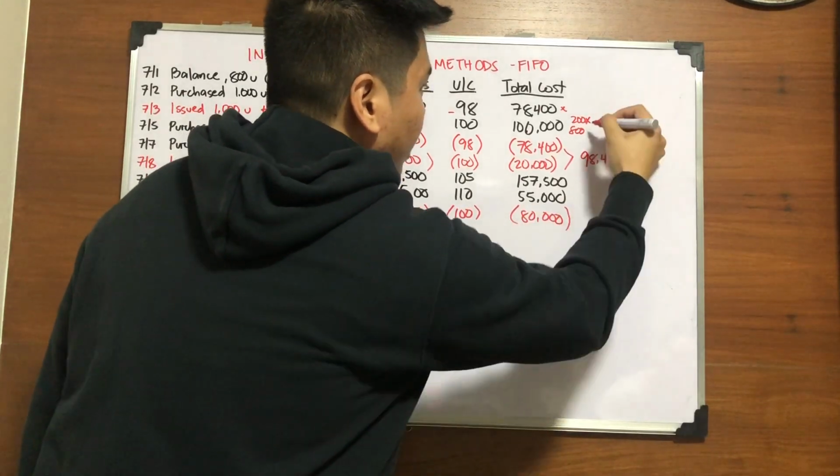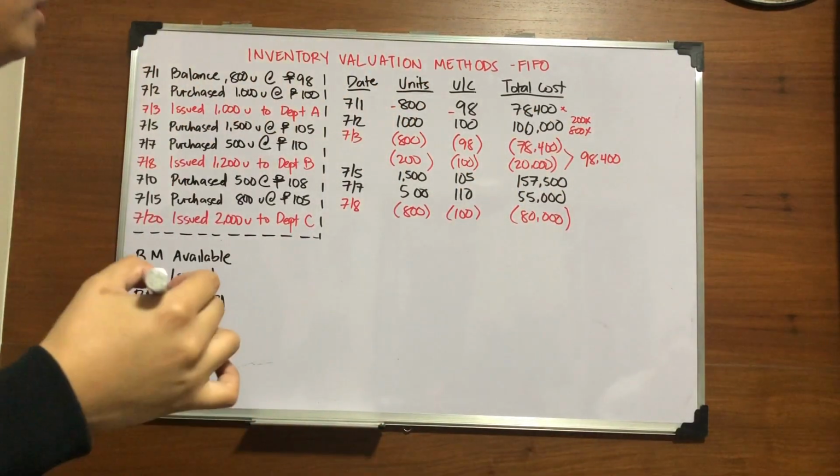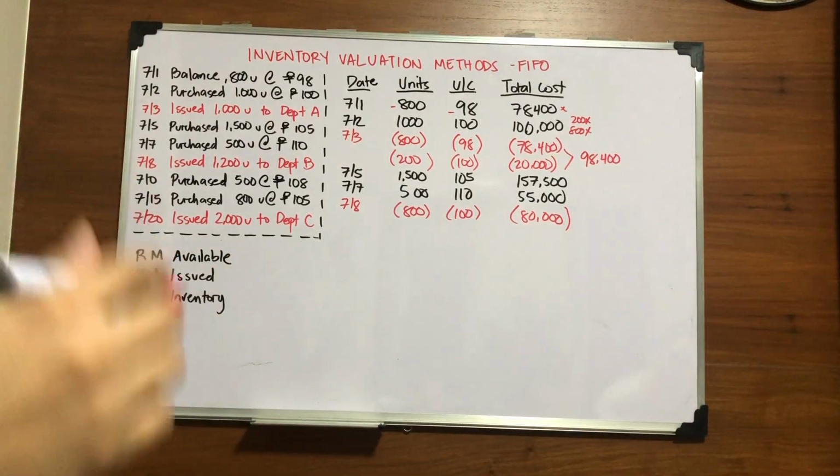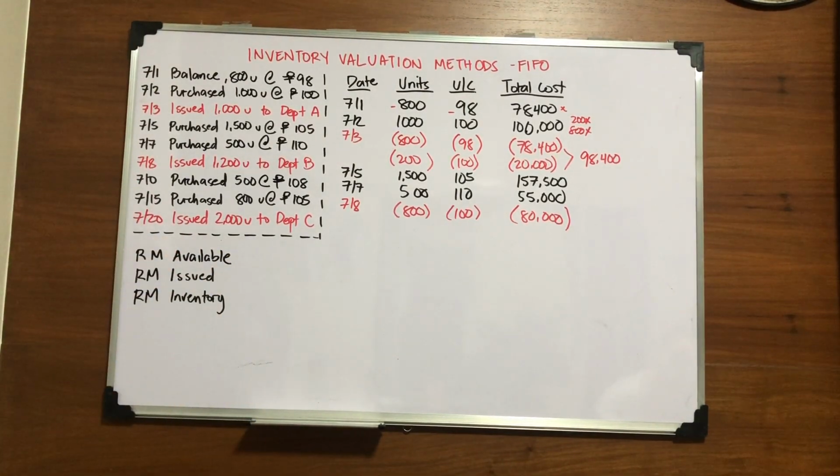Let's already cross this out. We still need 400 units. Since the July 2 transaction is already emptied out, the earliest available is the July 5 transaction of 1,500. We already issued 800, but there is still a lack of 400.